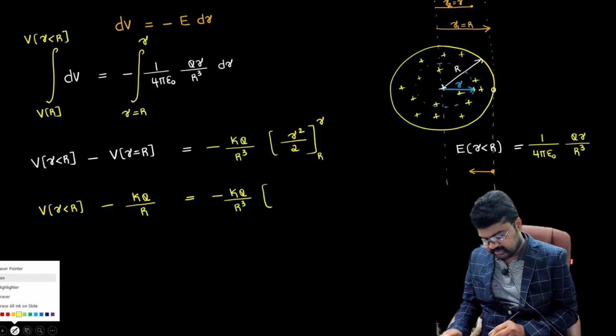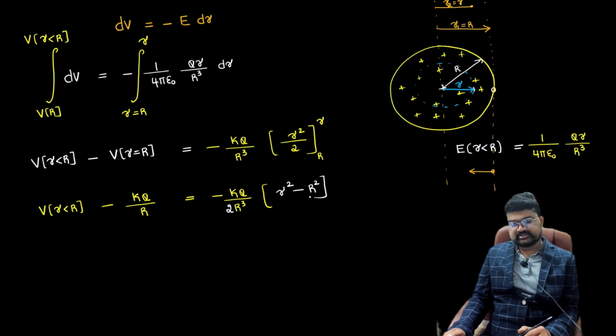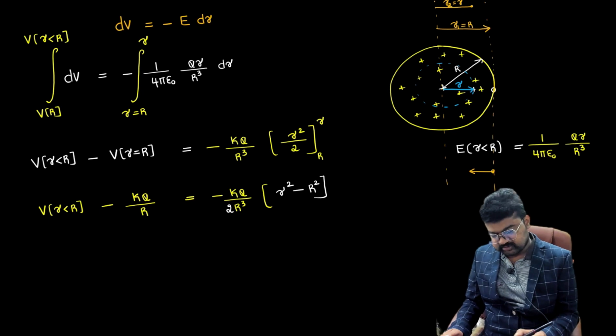Here what are you getting? The 2 goes here, so r square minus R square comes. Then how much will you get?